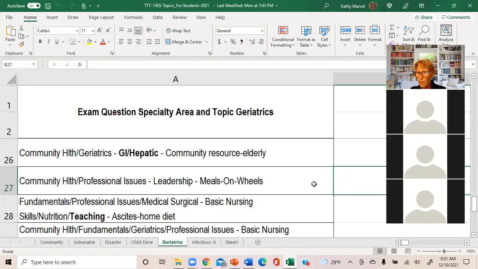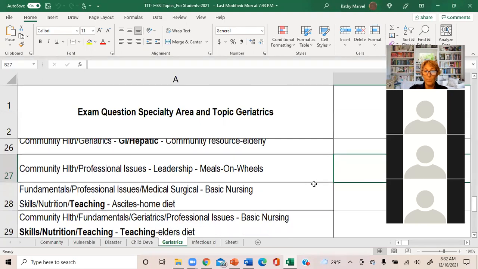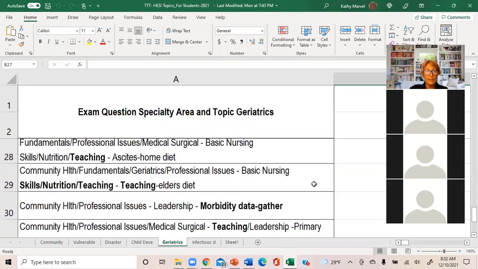A nurse does a home visit and realizes that the elderly person is not able to make their meal anymore, what would be one of the resources the nurse would provide? Excellent. That's how we need to be thinking through this. Nurse goes in and does her home assessment and realizes they're not able to provide that service for themselves anymore. So what do we need to do?